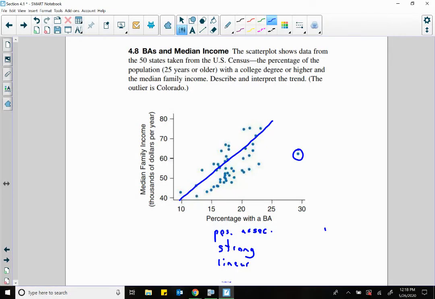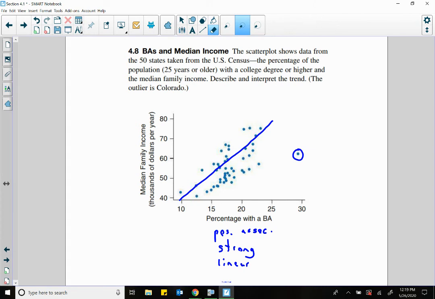So now let's put a little bit of context behind this. We definitely think there's a line there. What that means is, as the percentage of those with a BA increases, so does the median family income.